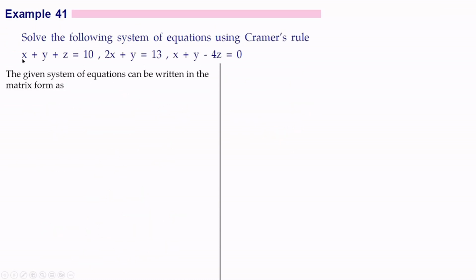Now let us move on to the next question. Solve the following system of equations using Cramer's rule. Here we have 3 equations in 3 unknowns.